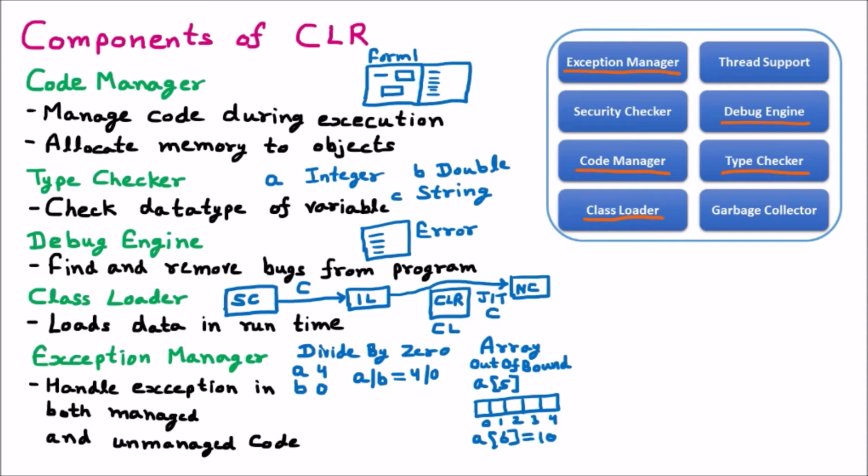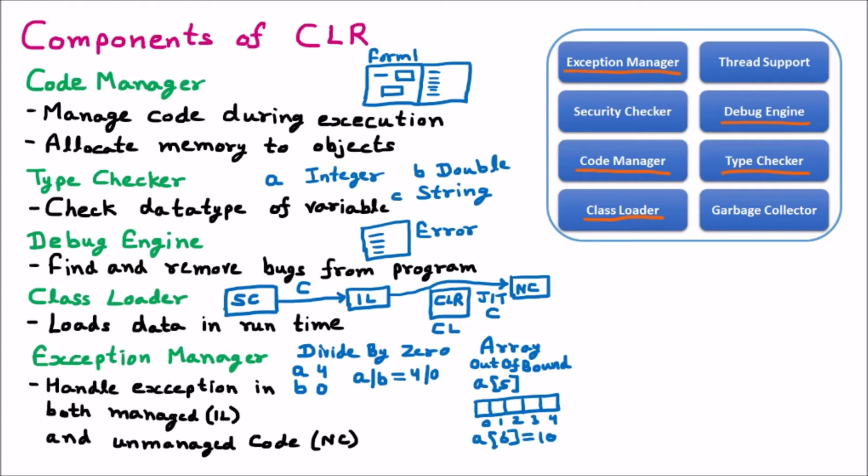We know that whenever we are talking about the intermediate language, that intermediate language is called the managed code. So whenever we are converting our source code to the intermediate language, this is the managed code, and whenever we are converting directly to the native code, it is called the unmanaged code. So native code and intermediate language, these are the unmanaged and the managed code.